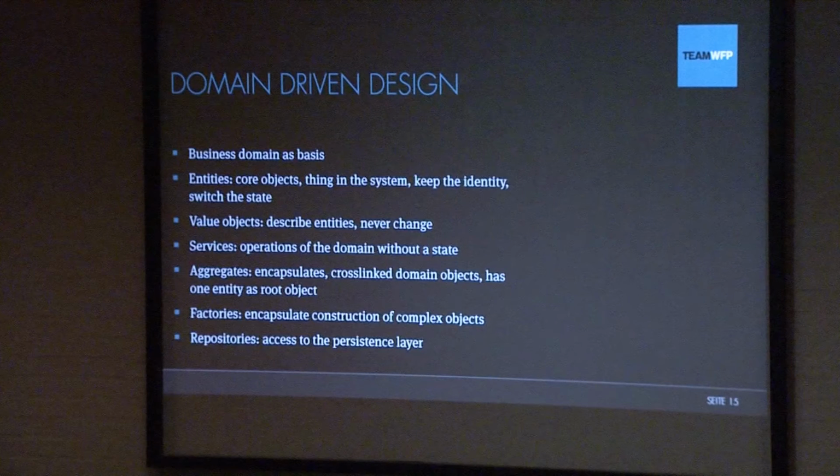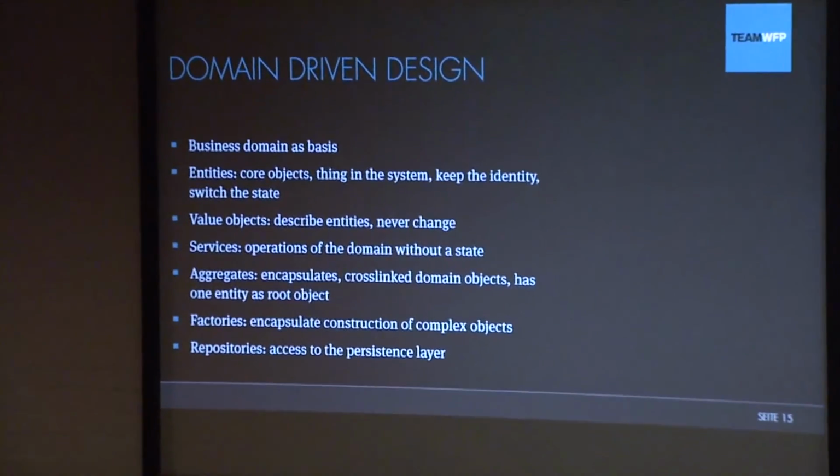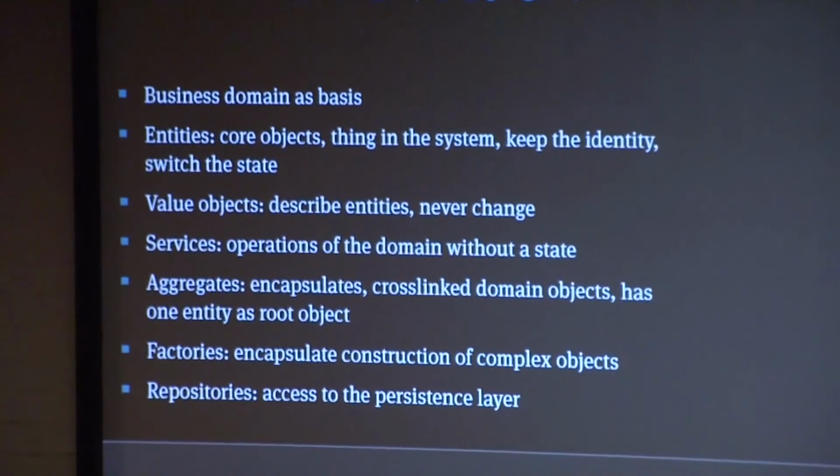Okay. So we continue with the architecture styles. First, we have domain-driven design, which is also used by TYPO3 a lot. So you have your business domain as a basis. You have your entities, which are your core objects. The entities are the things in the system, and they have an identity and keep the identity throughout their lifetime, but they switch the state and the properties. And then there are the value objects, which describe the entities but never change.